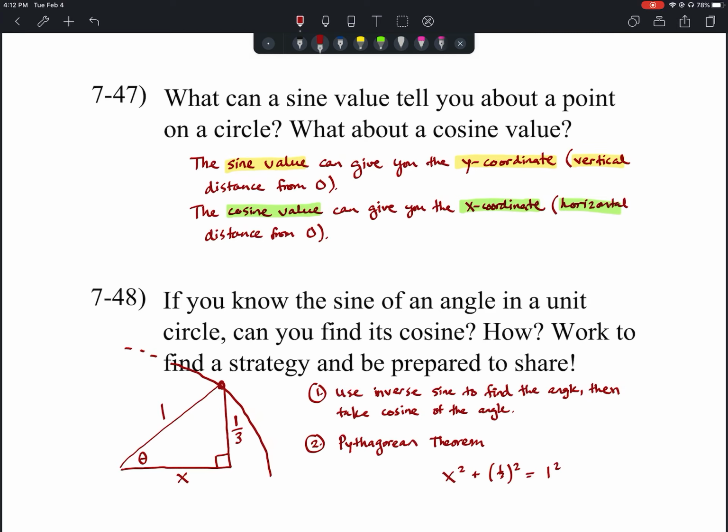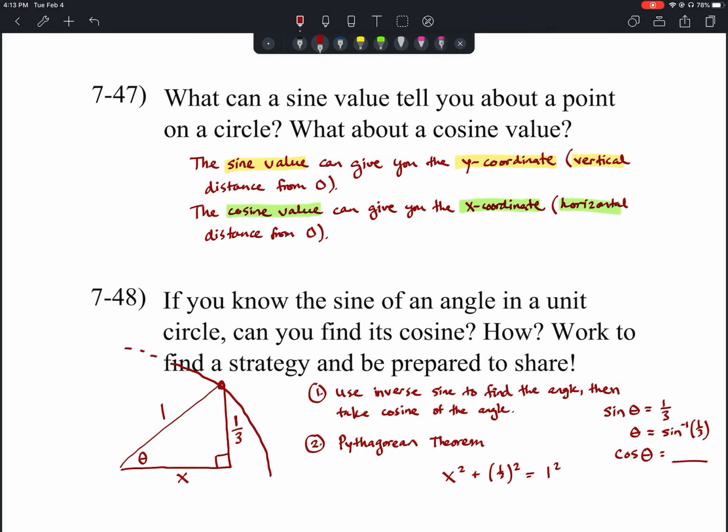For that first method, the sine of theta would have equaled 1/3 over 1, which would be 1/3, and then we could have found the angle by doing theta equals the inverse sine of 1/3, and after we got that value, we could then take the cosine of whatever that value ended up being to get our cosine value. So those are the two methods that we already know how to do.